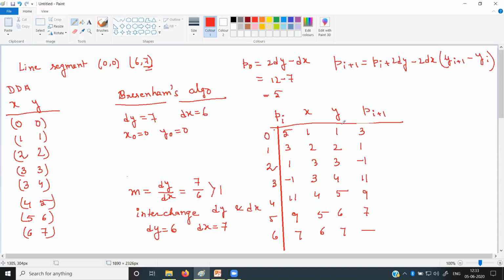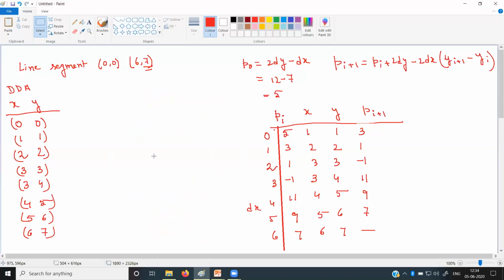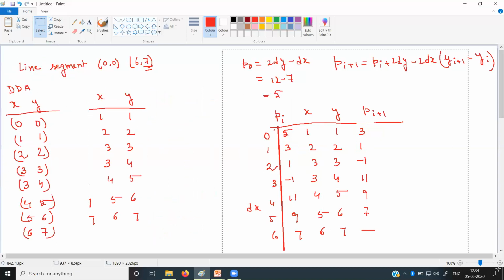Okay, so here this particular section is the x and y value for the Bresenham line drawing algorithm. So what we will do, we will copy this part and keep it side by side, so that it will be easy for you to understand or recognize.